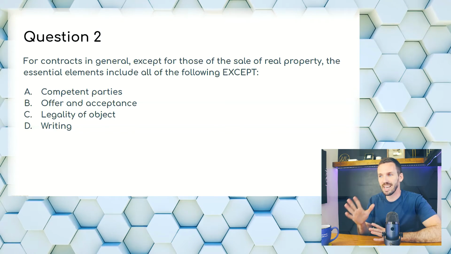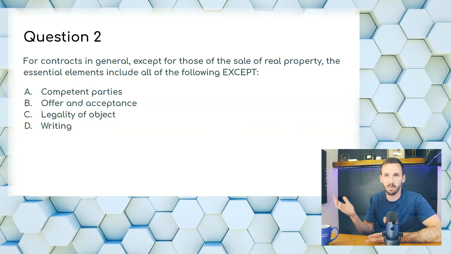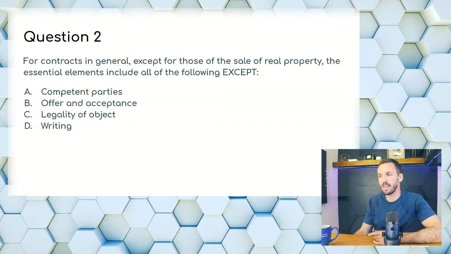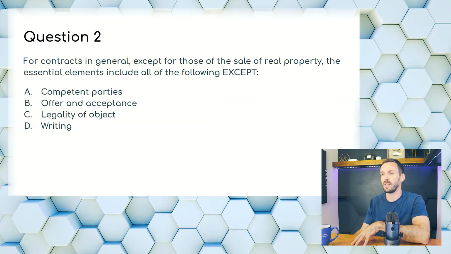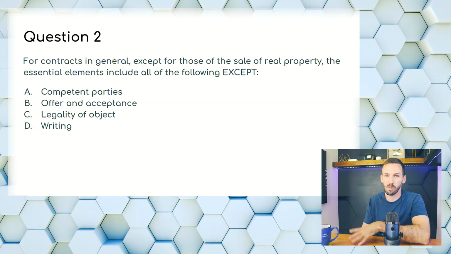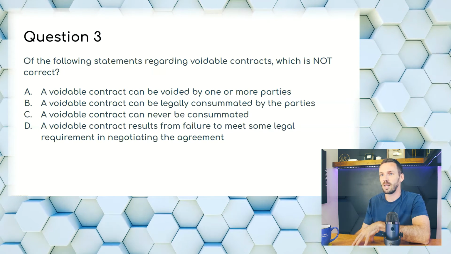A contract must have some sort of offer and acceptance. Yes, obviously. What else would a contract be for? The subject at hand must be legal. Yes. A valid contract can't be for an illegal drug deal, because who would enforce it, right? Not the police or the courts. Maybe your bros. D, writing, is the answer.